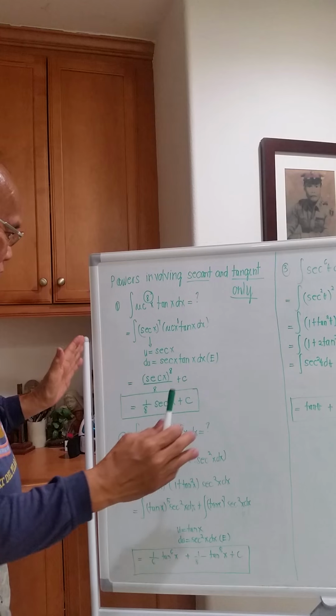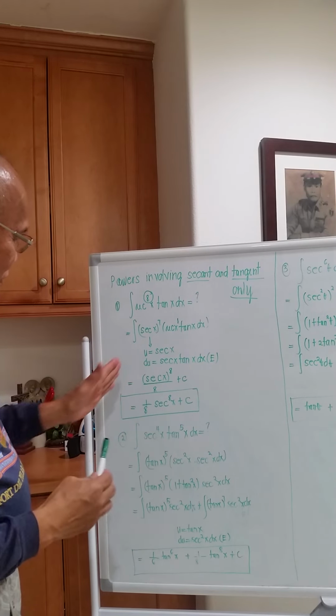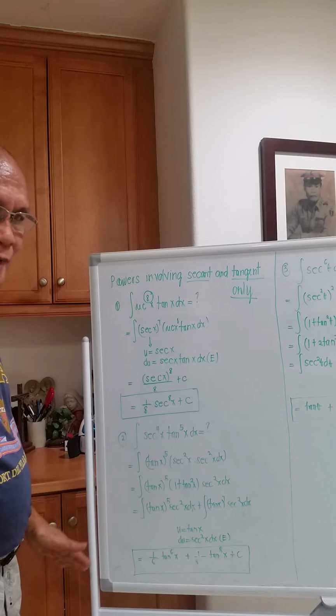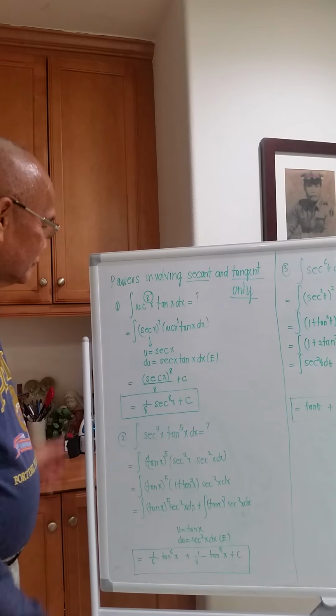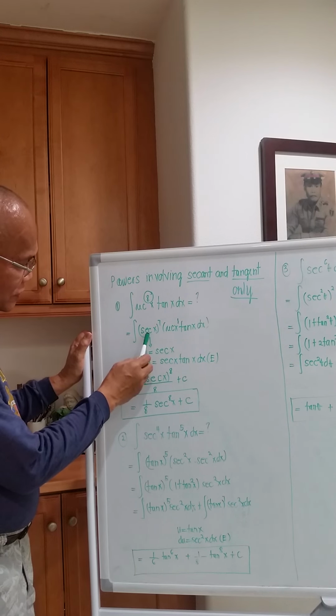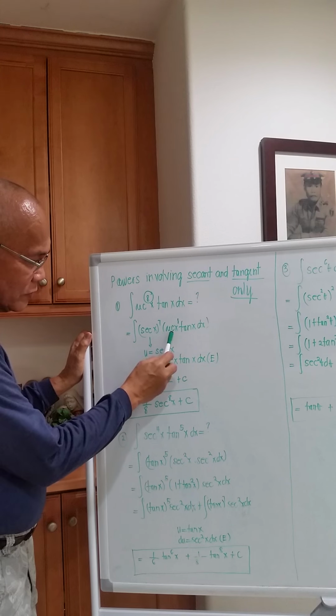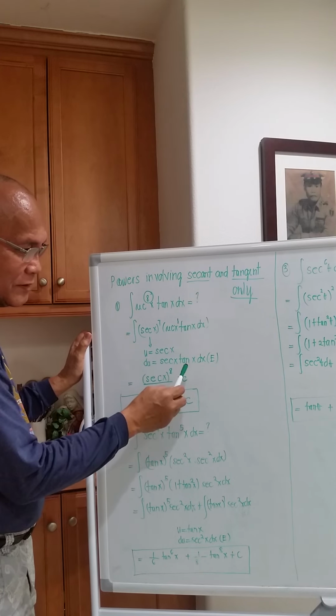After rewriting the given problem, we could say that it is under the power formula, right? If we try to take the derivative of secant, it should be secant tangent.